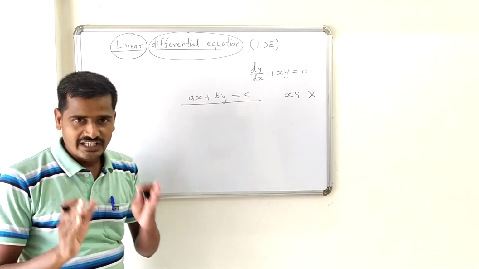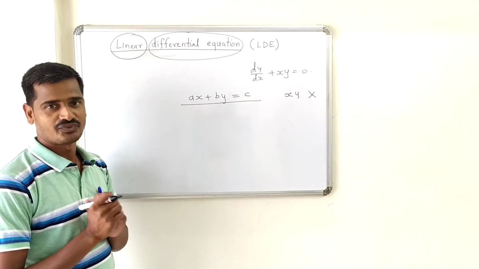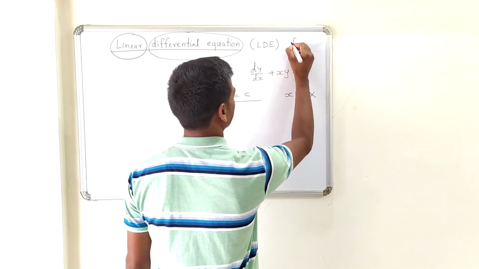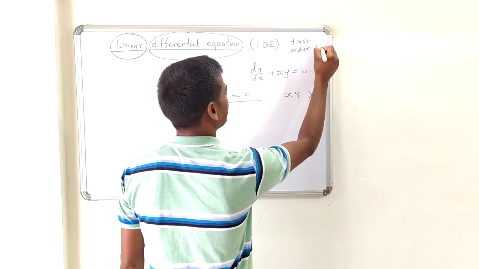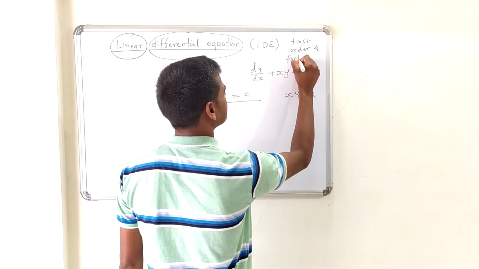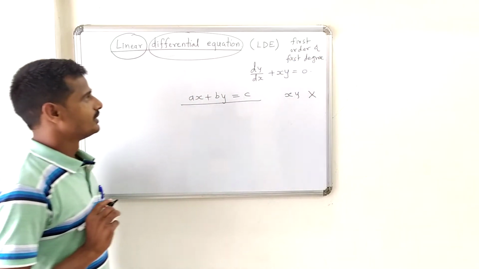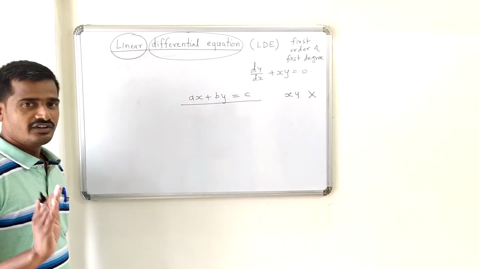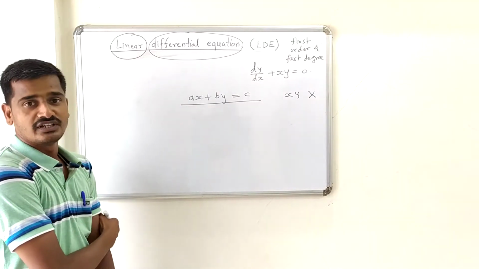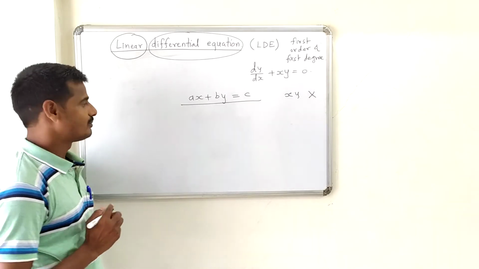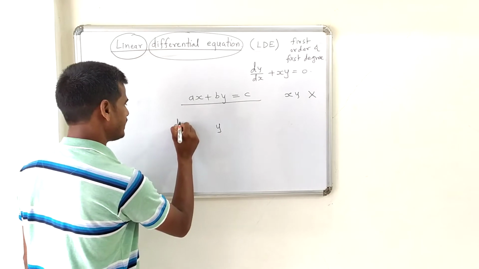Now we use the same analogy to define linear differential equation of first order and first degree. How to define a differential equation which is linear in y and dy by dx?